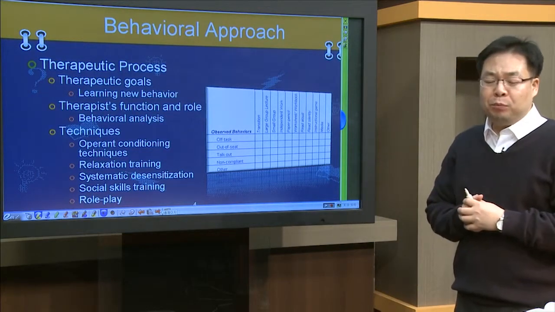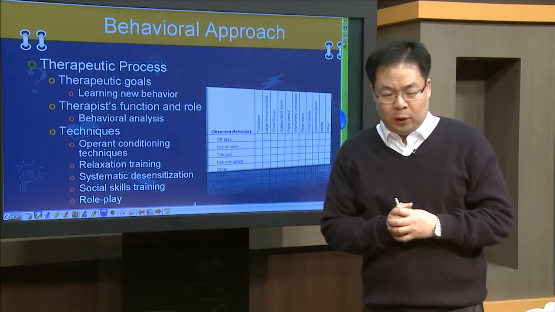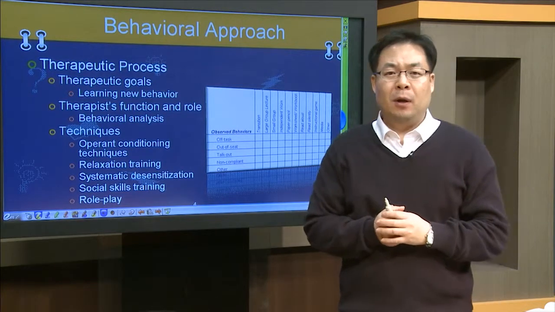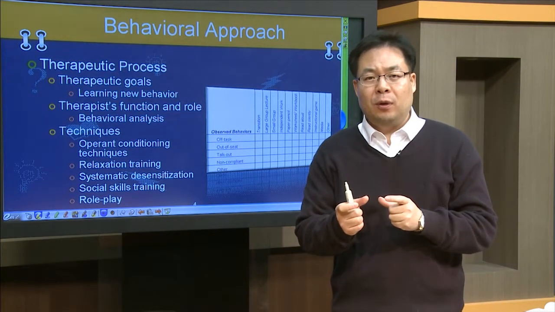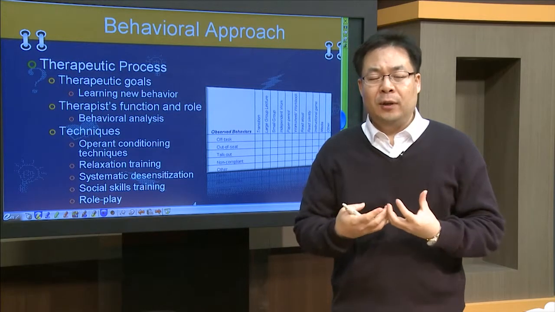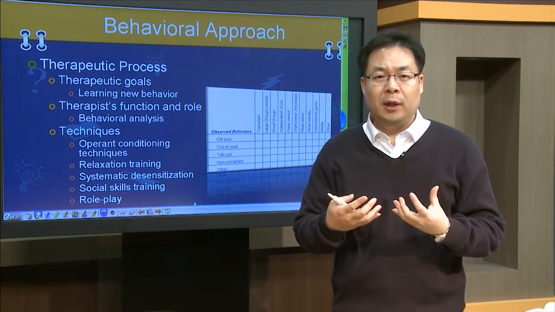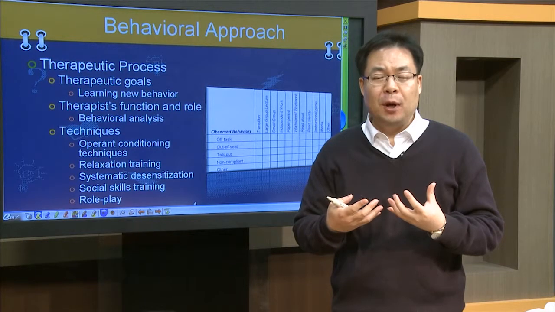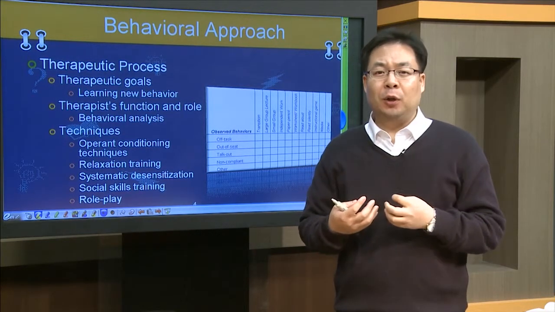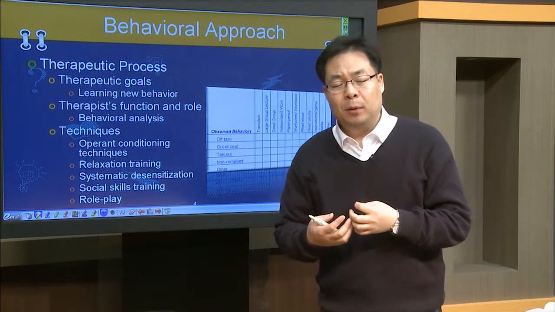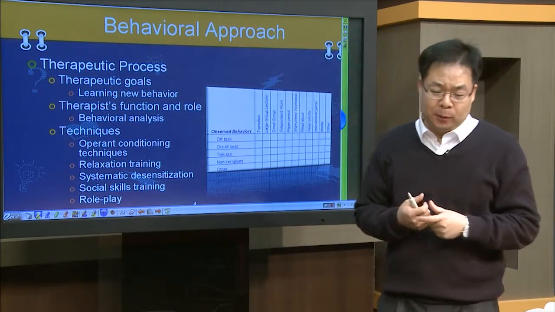And the therapeutic process: in the behavioral perspective, behaviorists view a client as a learner. So even though the client has a problem, they believe the client can change their behavior by learning better behavior, by learning alternative behavior, by learning a new behavior.